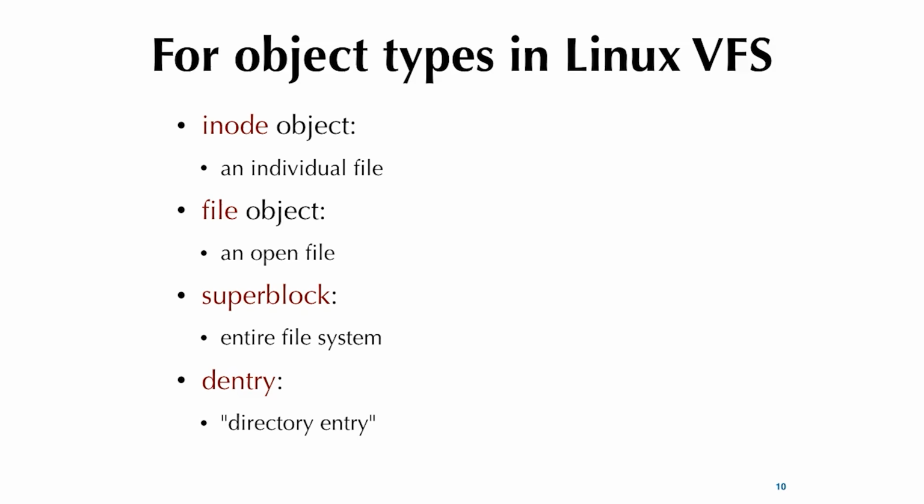Well, D is for directory, so directory entry. It's a data structure for keeping track of a particular entry in the directory, right? So it could correspond to either a file or a subdirectory. So that's what a dentry is, and that can also be opened in the Linux virtual file system. Okay, so it's not just for opening what you know as files, but these other objects as well.